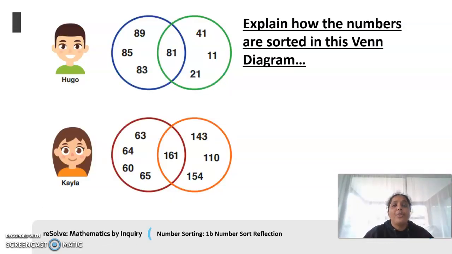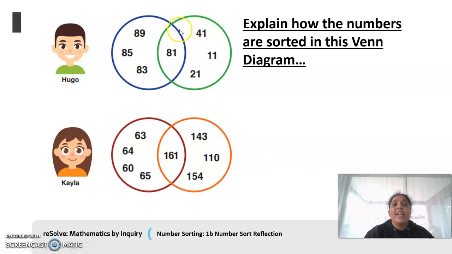For example, explain how the numbers are sorted in the Venn diagram Hugo has. He has the number 81 in the center. 8 represents 80, 8 tens. And 81, the 1 represents 1 one.